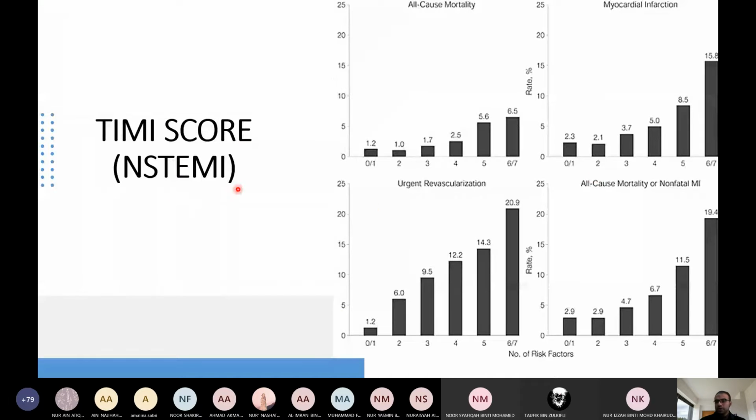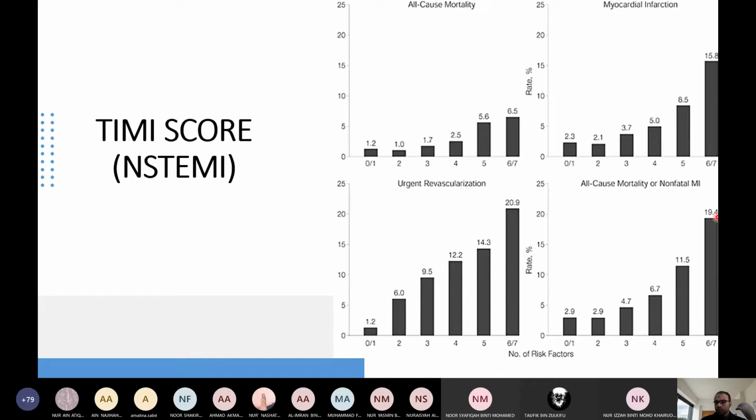TIMI score, you can see for the non-STEMI here, how different the mortality is in relation to the risk score. If you remember, when we talked about the STEMI, the maximum mortality can be as high as 36. Here you can see maybe the mortality is 6.5.